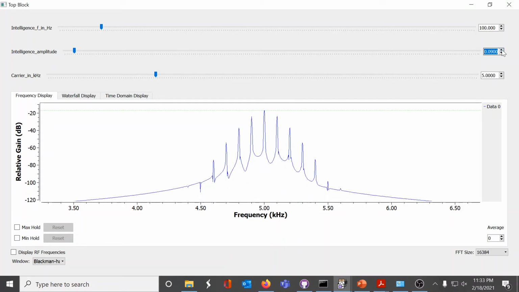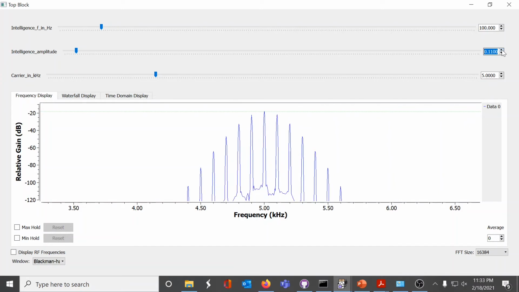And what I want to do is show you a few special points on this graph. This is one of them. You'll see that the amplitude of the carrier is the same as the first sideband pair.